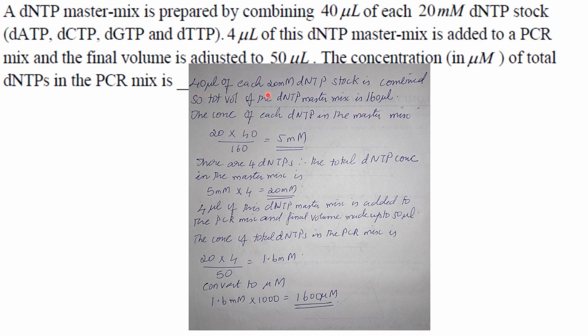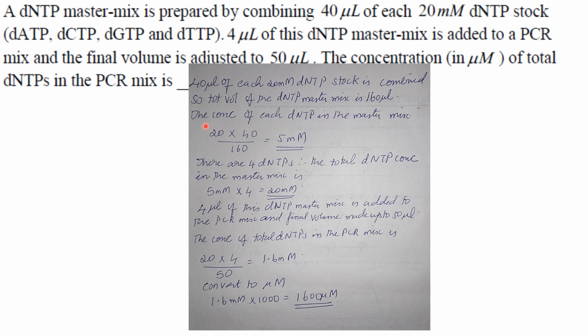So 40 microliter of each 20 millimolar dNTP stock is combined. So the total volume of the dNTP master mix is 40 microliter times 4 dNTPs. So how much will it be? 40 into 4, that is 160 microliter is the total volume of the dNTP master mix.